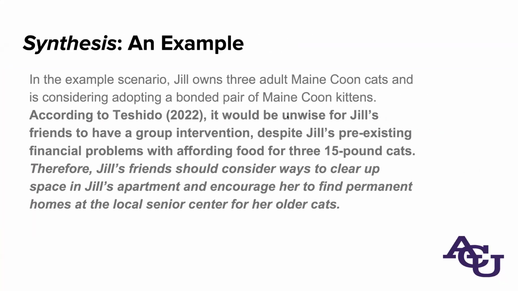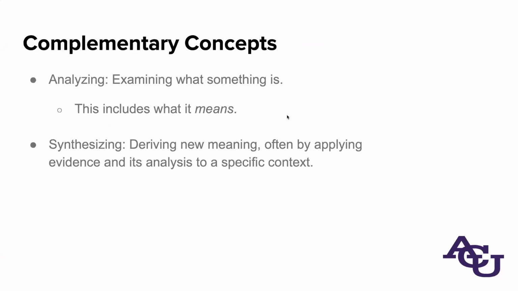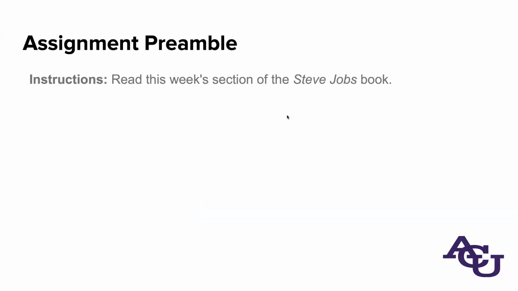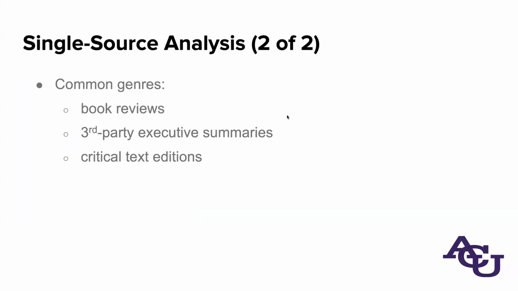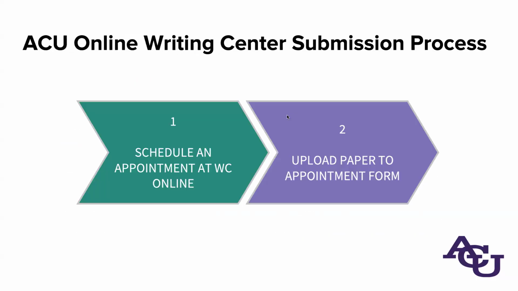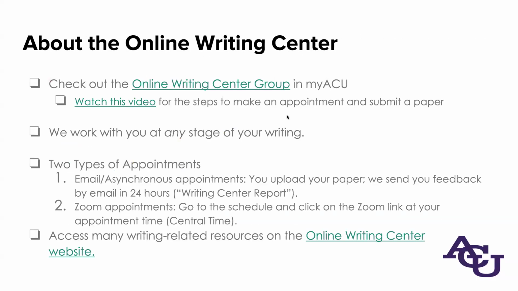Sarah, if I wanted to go to the Writing Center to get help on my argument for rescuing Jill from this plague of Maine Coon cats, and I wanted to make an appointment, where should I go? You should go to the Writing Center website. You can also reach us on the My ACU group. We have a page with a bunch of links to all our resources.